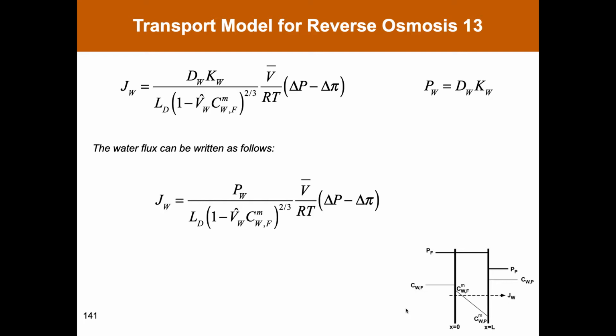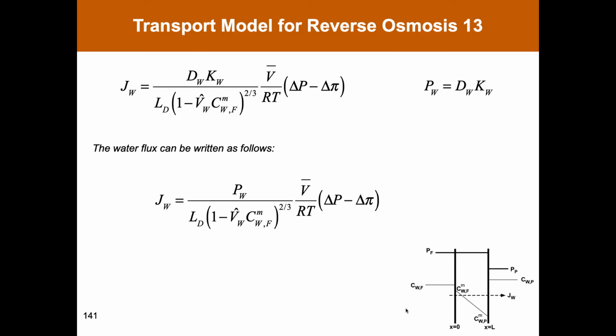And in many cases for desalination membranes, the water content is not extremely high, and so this term is often negligible relative to 1, and the final expression would just have the water permeability divided by the dry thickness times this grouping of terms, which represents the driving force for transport.